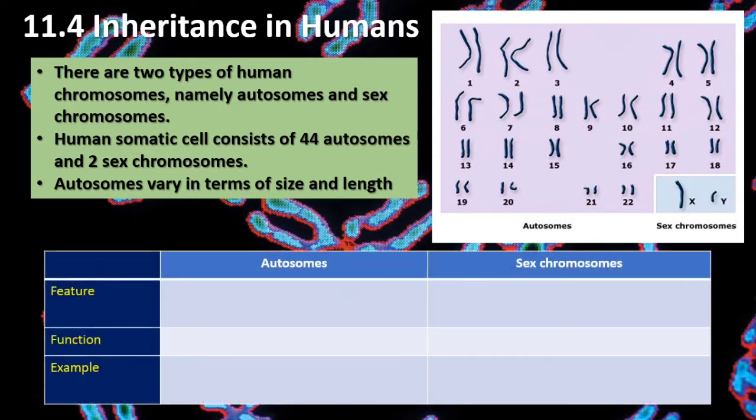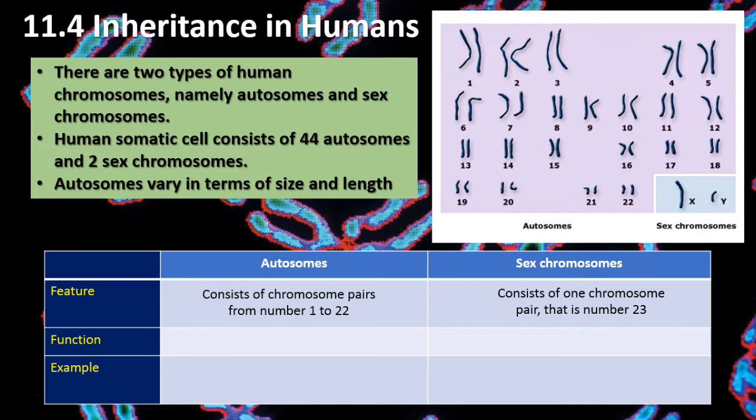So these are the differences between the feature, function and example of autosome and sex chromosome. For the feature, autosome consists of chromosome pairs from number 1 to number 22, while the sex chromosome consists of 1 chromosome pair, that is number 23. The function of autosome is to control the characteristics of somatic cells, but sex chromosome consists of genes that determine the gender.